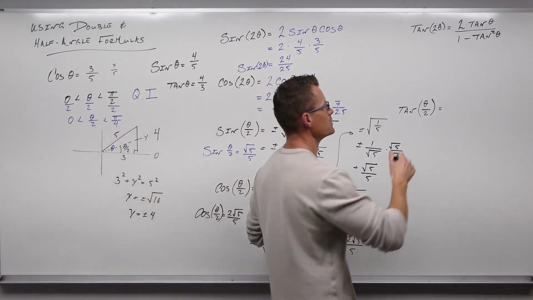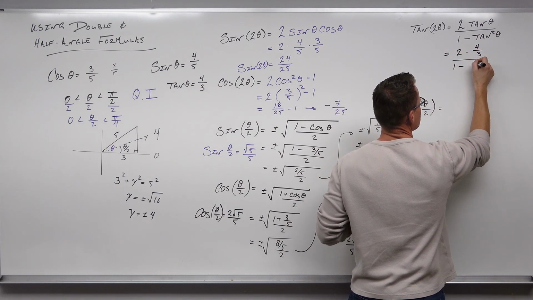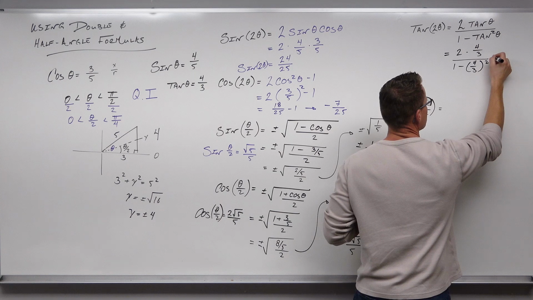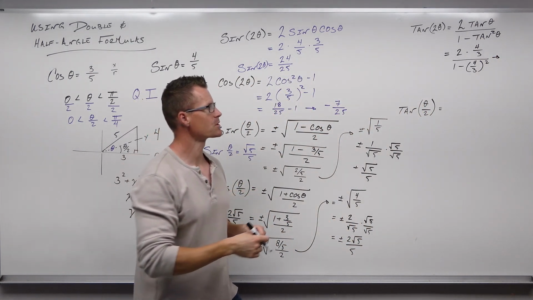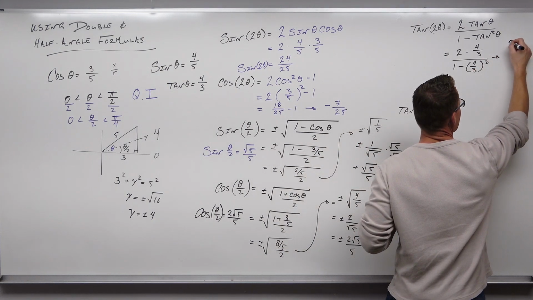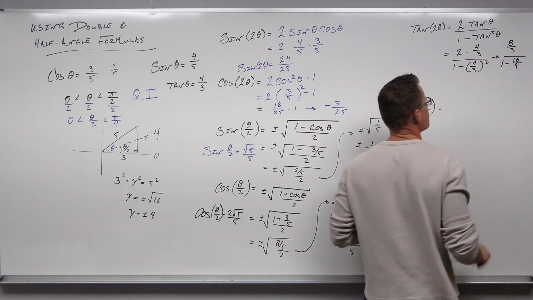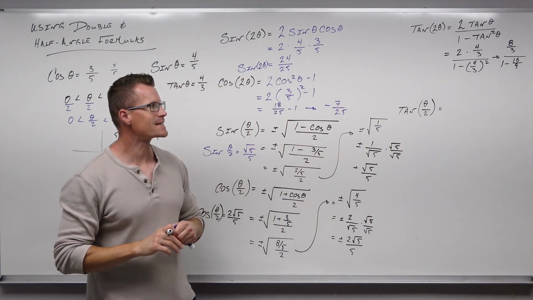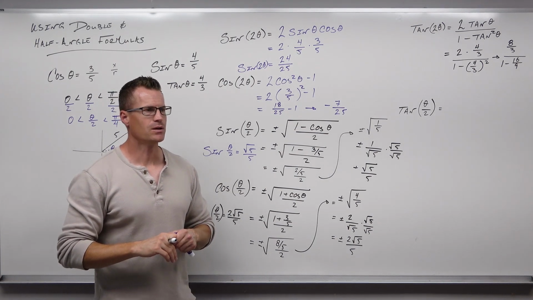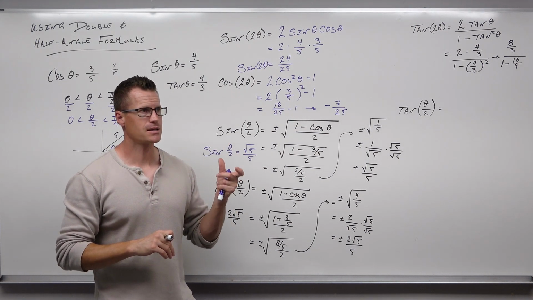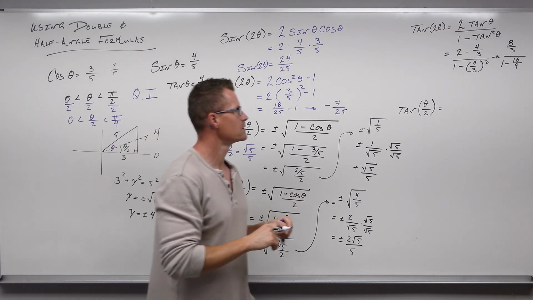We're just going to substitute. So 2 times 4/3 gives us 8/3, over 1 minus 16/9. That's 4/3 squared. So 1 minus 16/9, my goodness, that would be 9/9 minus 16/9. That looks like negative 7/9.